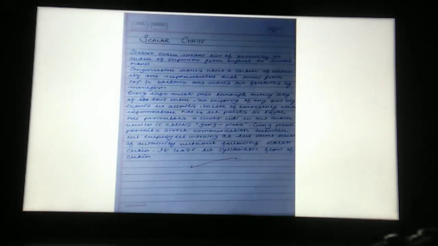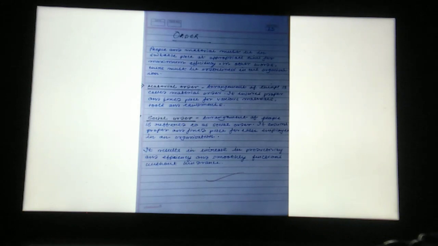Next comes the gangplank. The picture is there, then the scalar chain. The gangplank comes under the scalar chain only. Then comes the result of empirical investigation of the scalar chain. After that, the next picture is about the principle of order, another principle of Henri Fayol, its meaning, and the results of empirical investigations.